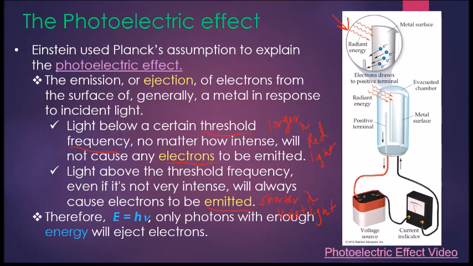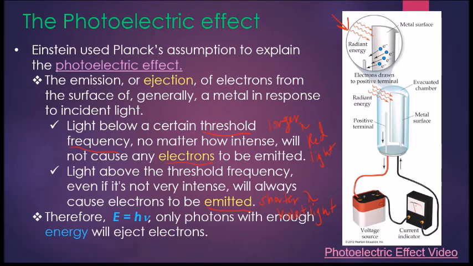Now, what does this mean? Therefore, the energy equals Planck's constant times the frequency. Basically, applying that equation here to the ability to eject electrons from a metal surface. We'll touch back on this later, but it's going to go to the idea of the wave-particle duality of light, and that we used to think of light and energy, electromagnetic radiation, as only being pure energy.